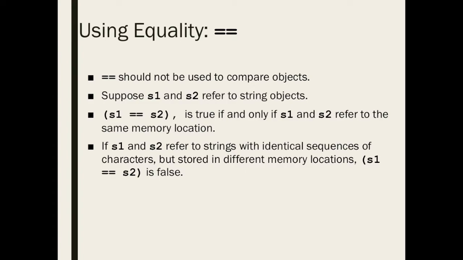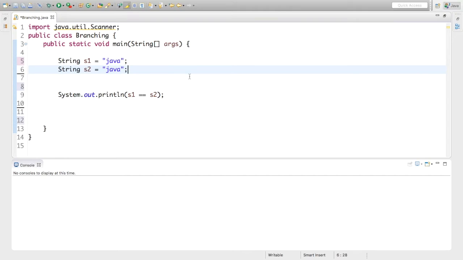Let's look at an example to put this into context. Okay, so here I've created two different strings, S1 and S2, that contain the exact same text, just the string Java. Now we've said that this comparison operator equals equals is really going to be checking if S1 contains the same memory address as S2. So it's not actually going to be looking through the letters to see if they're the same.